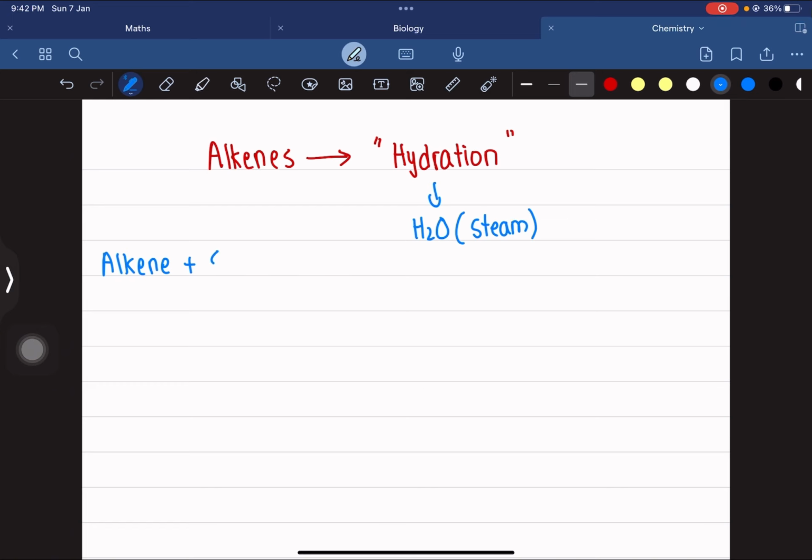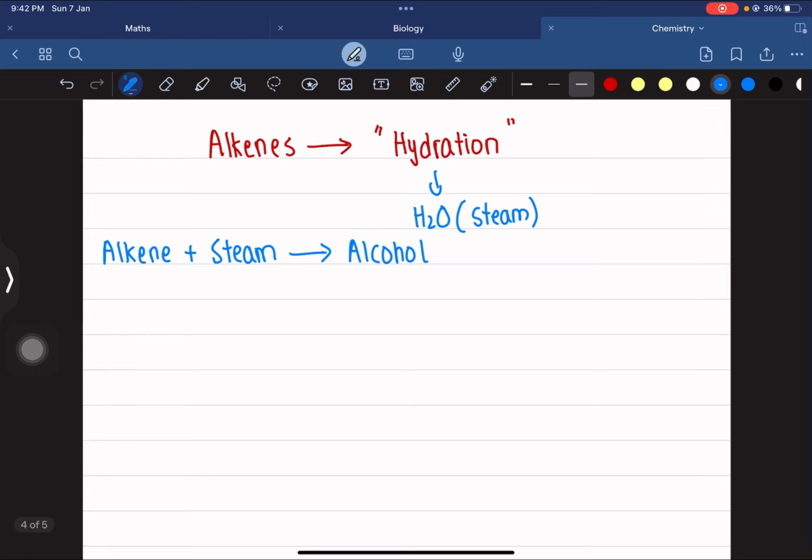Alkene, when it reacts with steam, surprisingly gives me alcohol. Alkene reacts with steam to give me alcohol. Super easy.